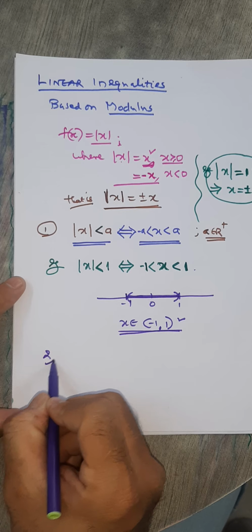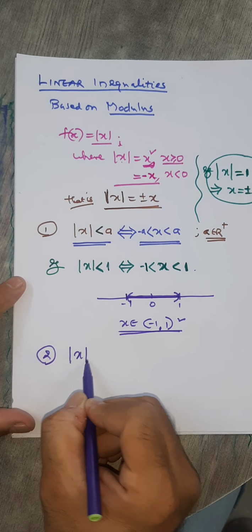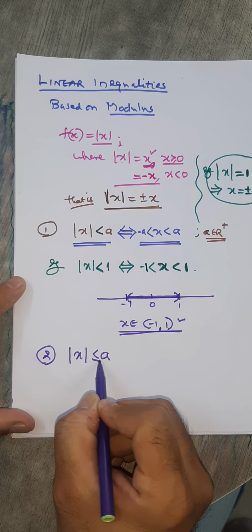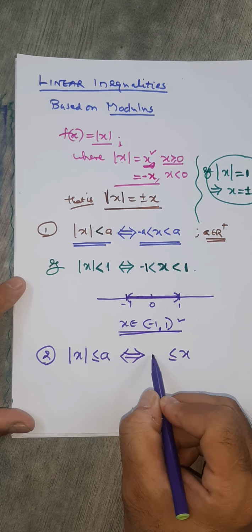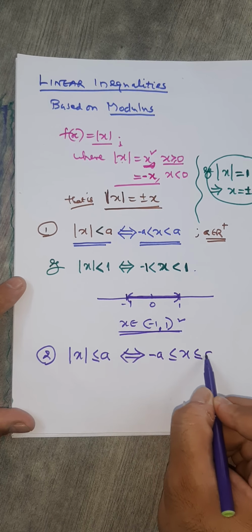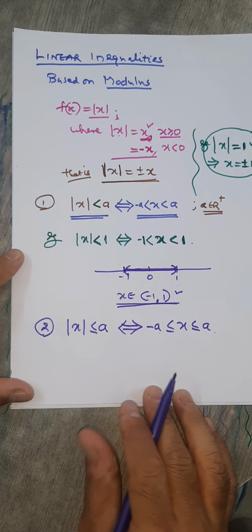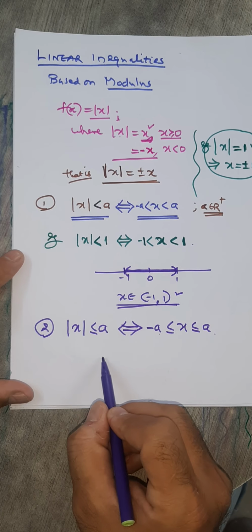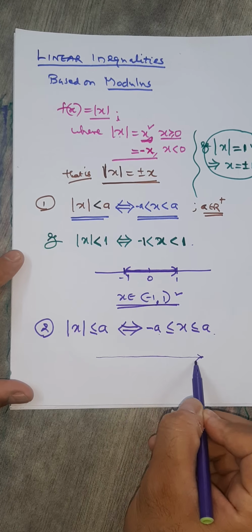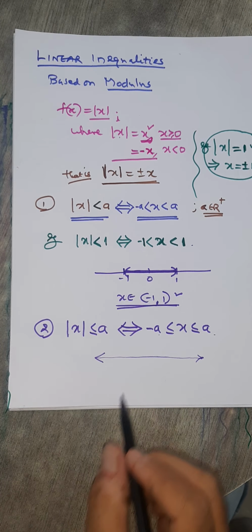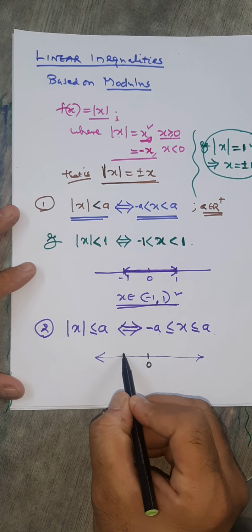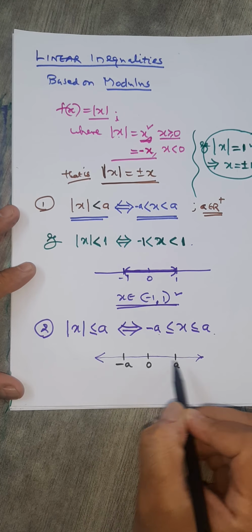Here, second result, if I write modulus of x less than or equal to a, so now a is included. That means x is between minus a and a, including these two numbers, remember. So here, if I just show it on a real line, suppose this is 0, this is minus a, this is plus a.